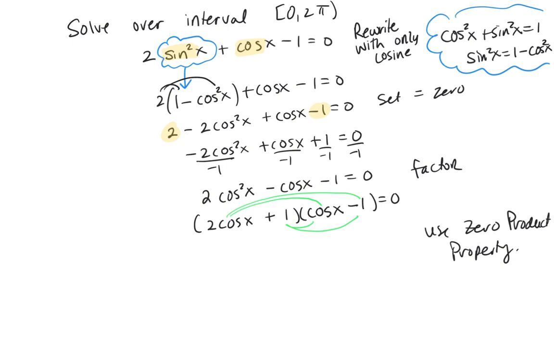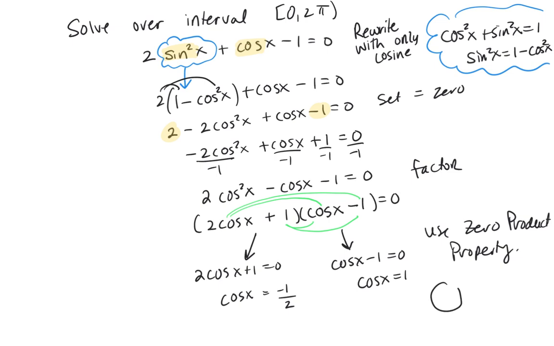Okay, once we've factored, we can use the zero product property, which allows us to set 2 cosine of x plus 1 equal to 0 and cosine of x minus 1 equal to 0. We'll solve both of those, subtracting 1 from both sides and dividing by 2, we get cosine of x equals -1/2.